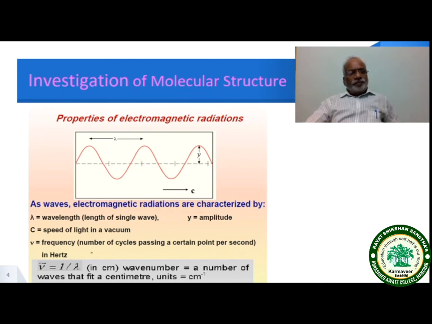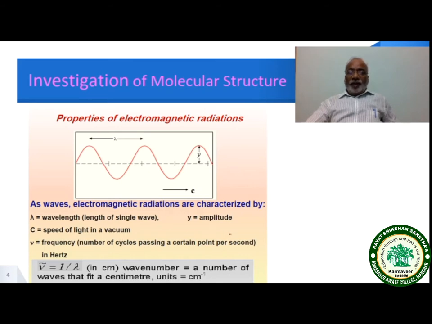Now we consider here speed of light or velocity of light. It relates with the wavelength and frequency. When we take the product of nu into lambda, this product is equal to the speed or velocity of light.